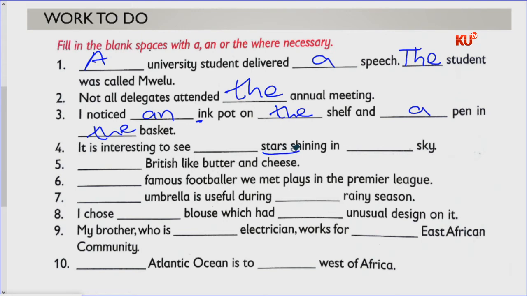So when you refer to things that exist as the only ones, like stars, you use the determiner the. So it is interesting to see the stars shining in the sky, because the sky also exists in a single unit. There are no two skies.